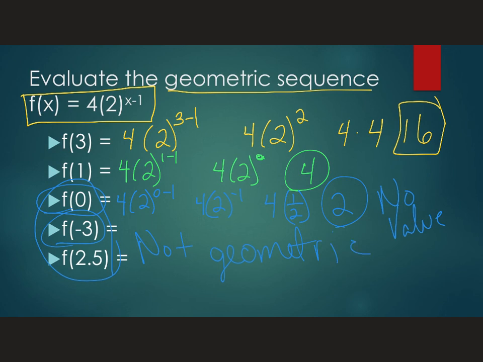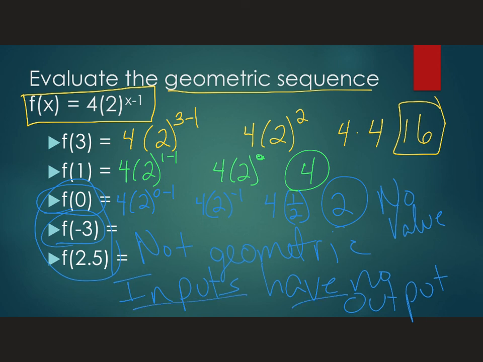These inputs have no output. Otherwise, we can say they're undefined in this case. But you can't give me an answer. And that's what you would say: inputs have no output, not a valid input.